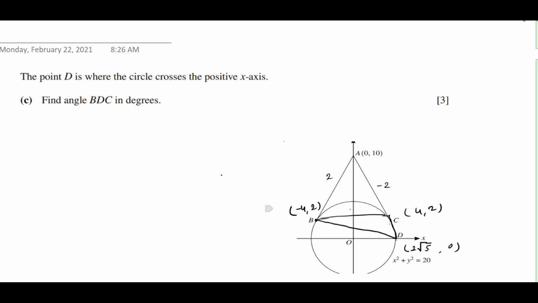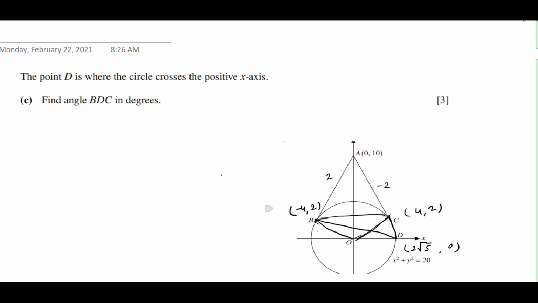One more way I can do that: if I am able to find this angle BOC, then this angle BDC is half of that. BOC is the angle subtended by this arc BC at the center, and BDC is the angle subtended at any other point. So if I am able to find angle BOC, then it's easy for me to find angle BDC.